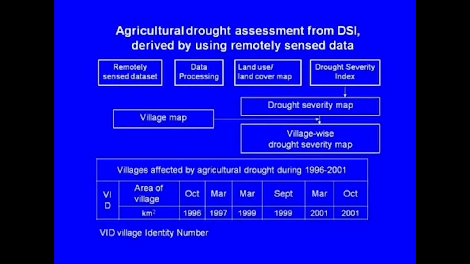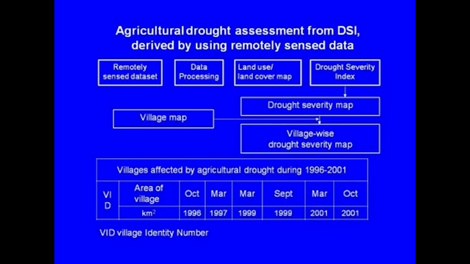The DSI approach, as a matter of fact, is an approach for assessing agricultural drought, and here primarily remote sensing based inputs are going to be used to make an assessment of the DSI.